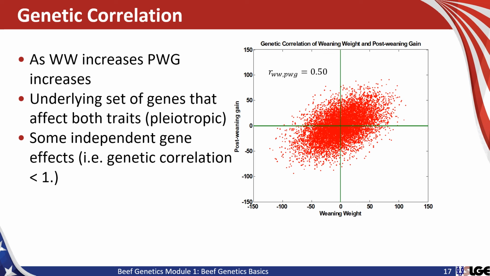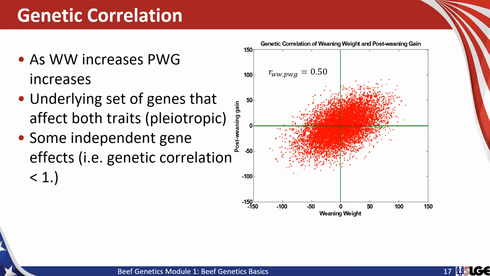Here's an illustration of a genetic correlation between two traits. This genetic correlation represents a correlation of 0.5 between weaning weight and post-weaning gain. We know on average that animals that tend to have heavier weaning weight genetics have heavier post-weaning gain genetics.